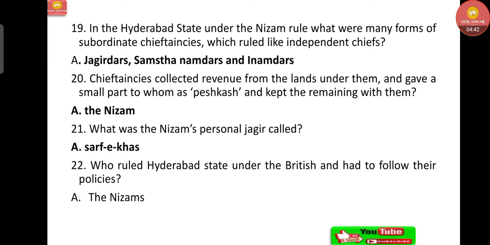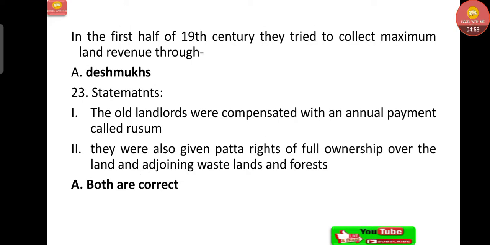That was to the Nizams. What was the Nizam's personal Jagir called? That was called Sarf-e-Khas. Who ruled Hyderabad state under the British and had to follow their policies? The Nizams.